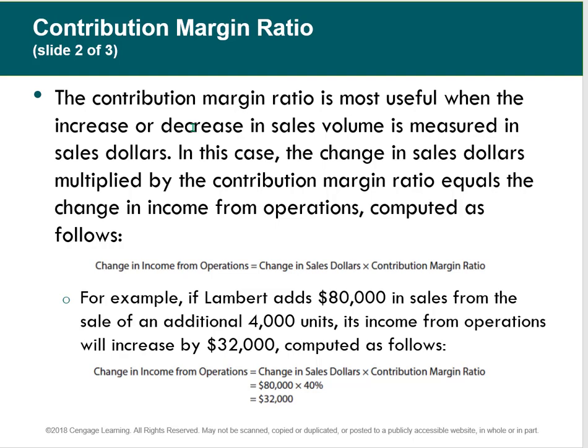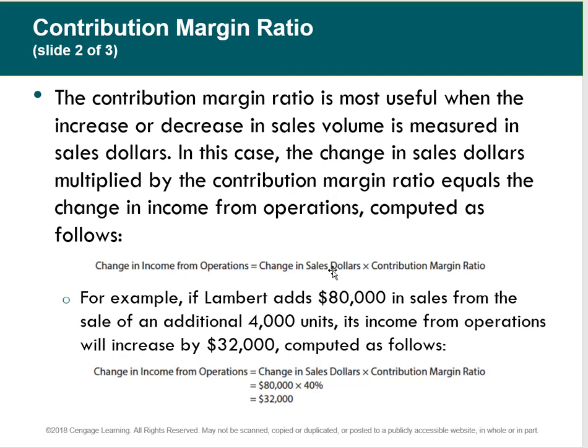It's most useful when the increase or decrease in sales volume is measured in sales dollars. So I could take the change in sales dollars, multiply it times the contribution margin ratio, and that will give me the change in income from operations. That's very handy.